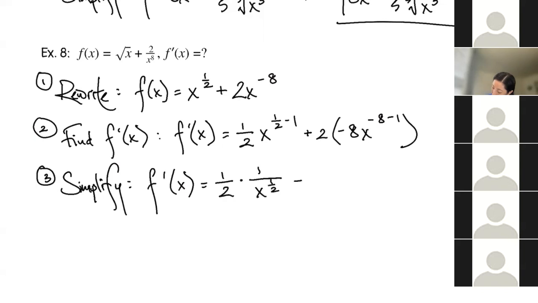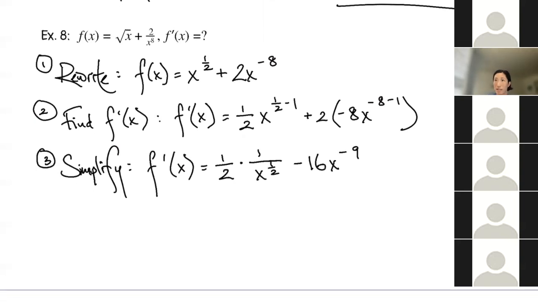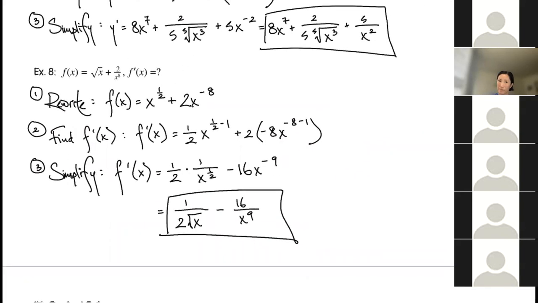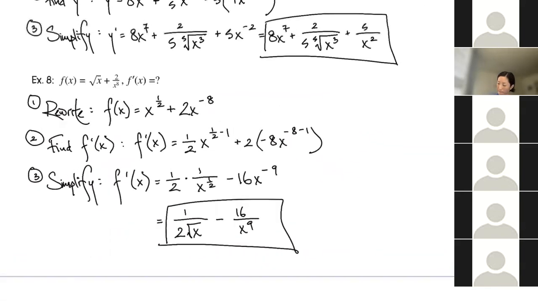Minus 2 times -8 will give me that -16 x to the -9. So that's sort of a first step. And then we'll be able to get the same answer as in the chat, which is 1 over 2 square root x minus 16 over x to the 9th. Okay.